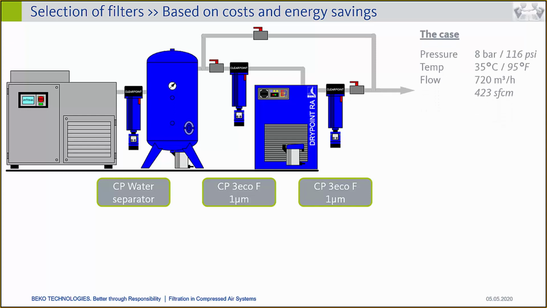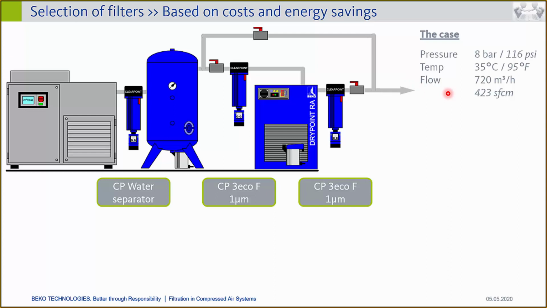So we have the current situation of an operating pressure of 8 bar or 116 psi, a compressed air temperature of 35 degrees Celsius or 95 Fahrenheit, and a flow rate of 720 cubic meters an hour or 423 cubic feet a minute.